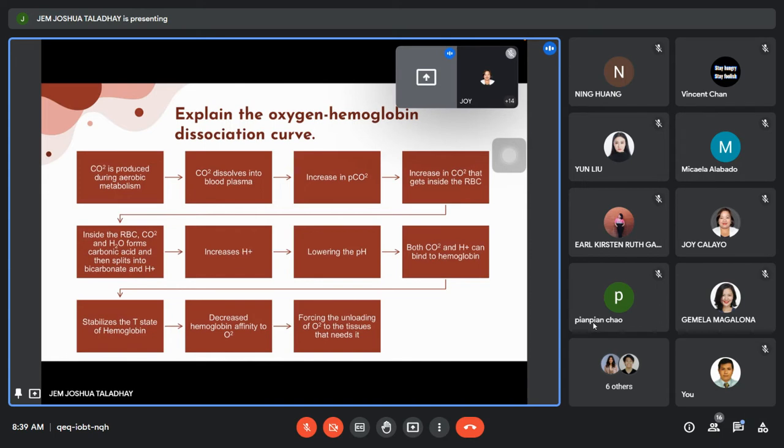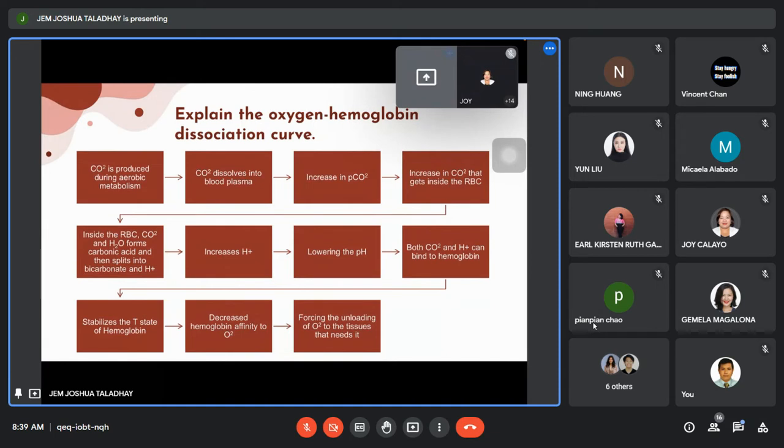Then with the increase in CO2, there will be an increased amount of CO2 that would get inside the RBC. While inside the RBC, the carbon dioxide and H2O would form carbonic acid, and it would split into bicarbonate and hydrogen ions. So if there is an increase in hydrogen ion, there will be lowering of pH.